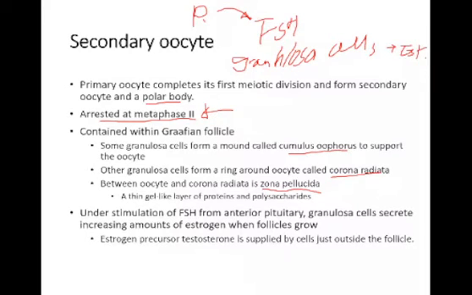Okay, so we have to be aware of these cells producing different things. Another thing is the estrogen itself. Estrogen precursor is actually testosterone. You have already learned the male reproductive system, so you should know testosterone is the male hormone. But actually, in both male and female, we have both types of hormone.